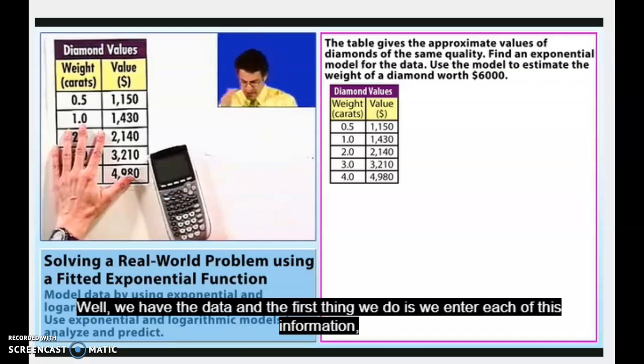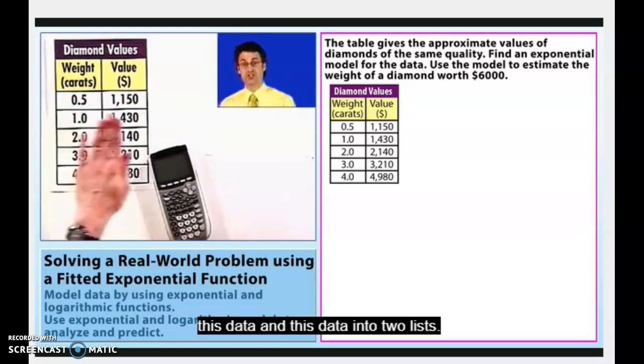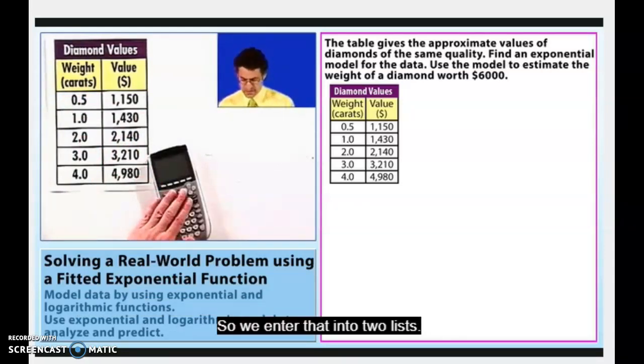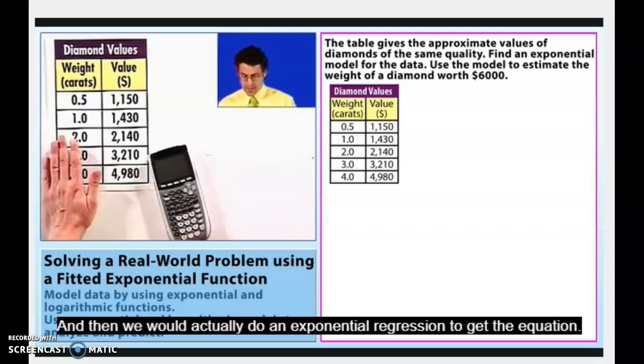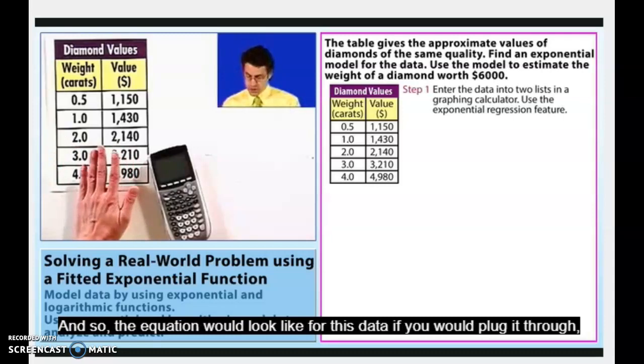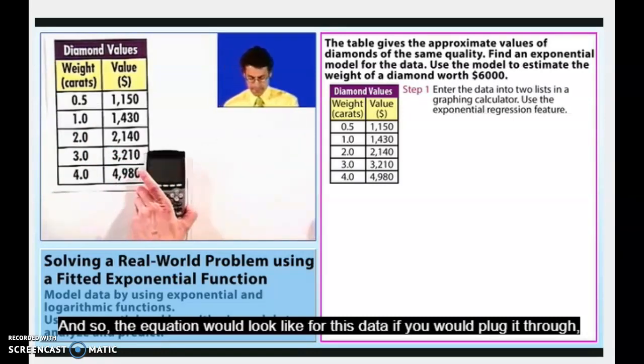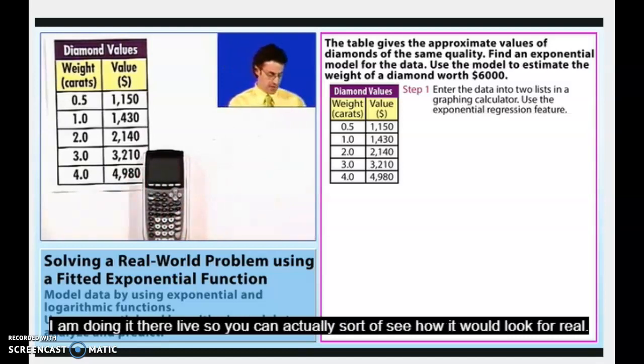Well, we have the data, and the first thing we do is enter this data and this data into two lists. Then we do an exponential regression to get the equation. I'm doing it live so you can see how it would look for real.